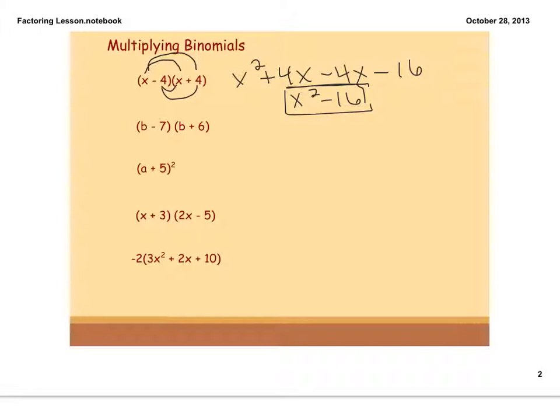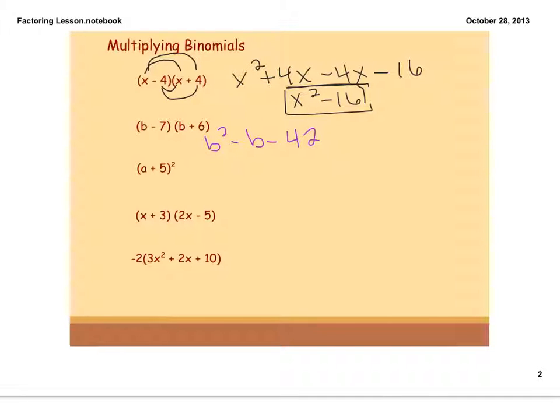Just more a matter of make sure that you are distributing to both terms and not just distributing the x to the x and the negative 4 to the 4. So my next one here would be b squared minus b minus 42.